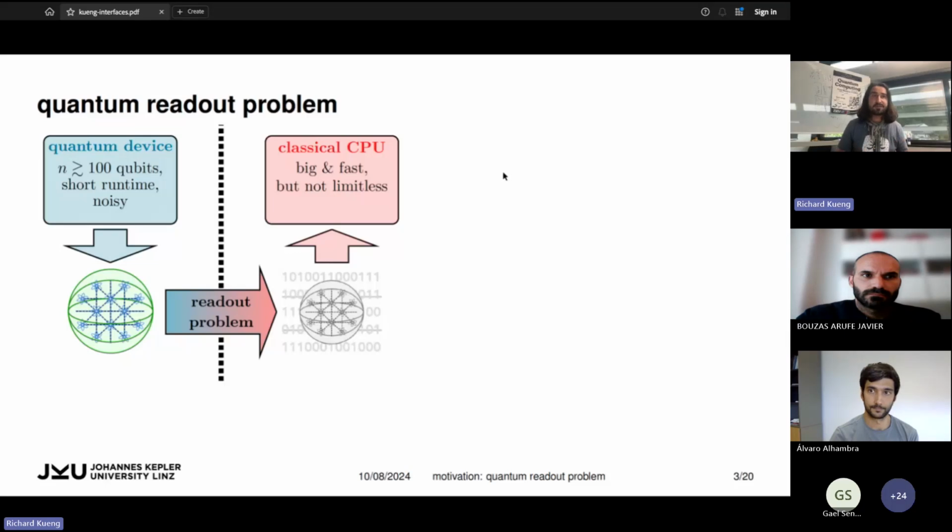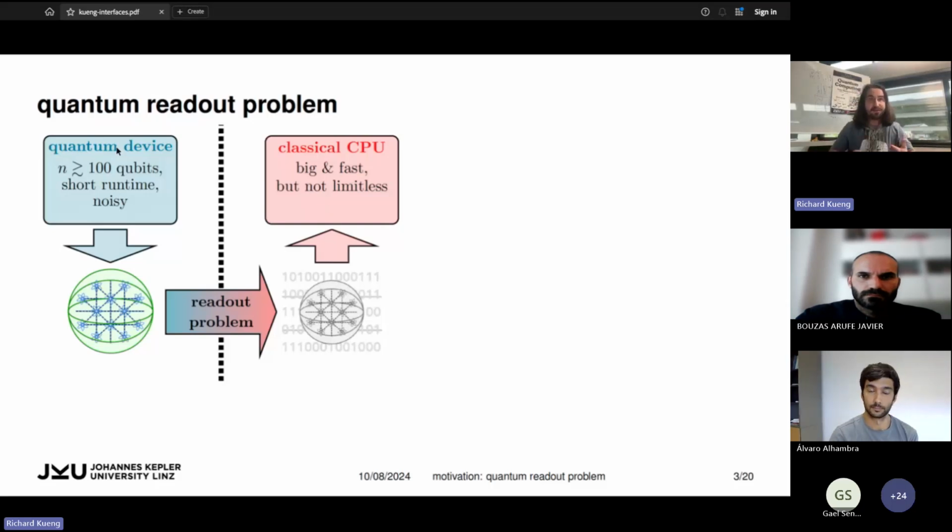For the first time in basically forever, we now have medium to large scale quantum devices which can host, let's say, a couple of 100 qubits. They are not perfect, the runtime is limited, it is noisy, but we really have devices where we can control hundreds of qubits. But these devices don't work in isolation, they're always coupled with a powerful classical computer.